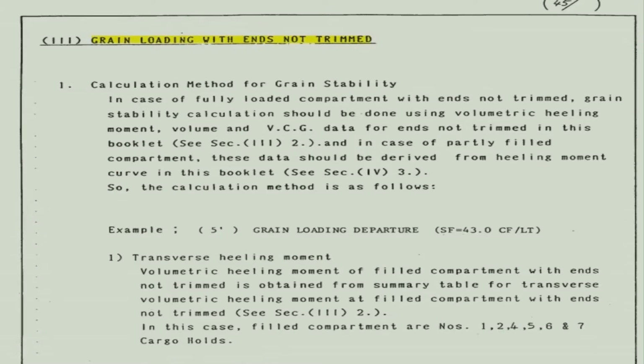Chapter number 3. Grain loading with ends not trimmed. This is condition number 2 which we have in our grain stability booklet. In that chapter, we will find the calculation method for grain stability.